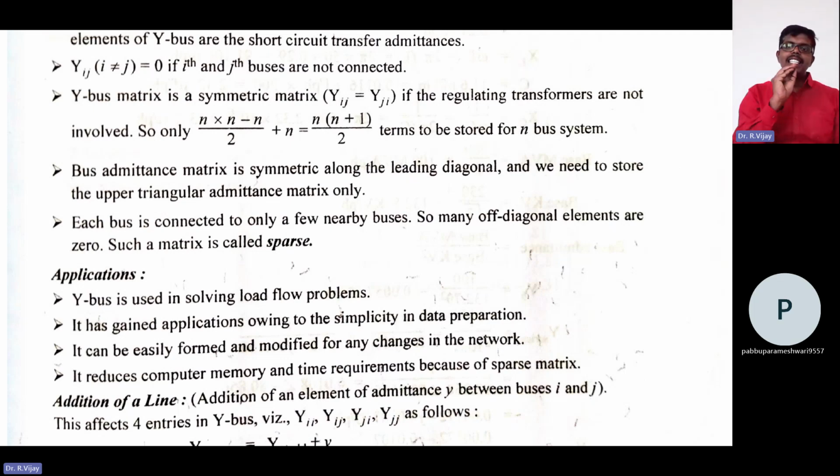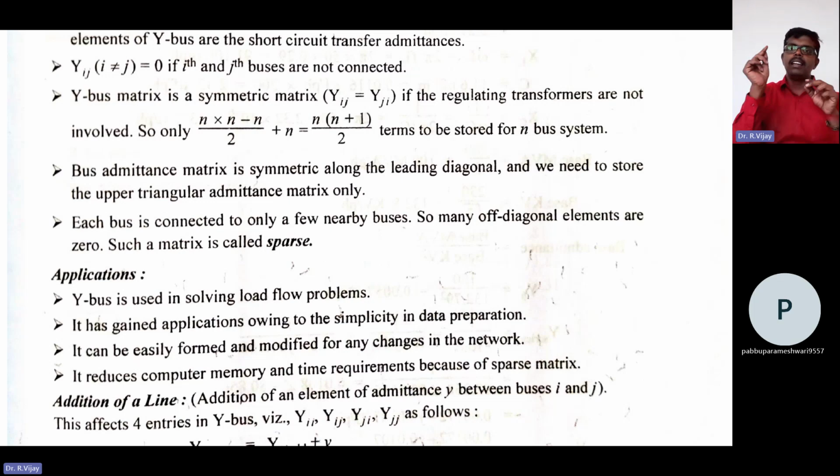Very easily you can frame even a 10 cross 10 matrix if the impedance values are simple. It can be easily formed and modified for any changes in the network.